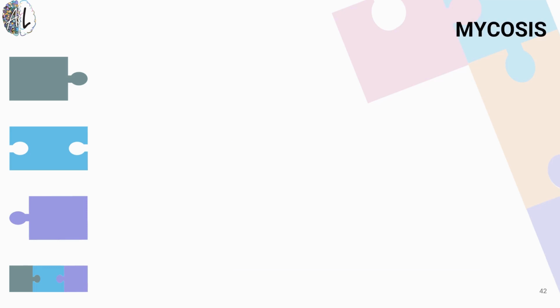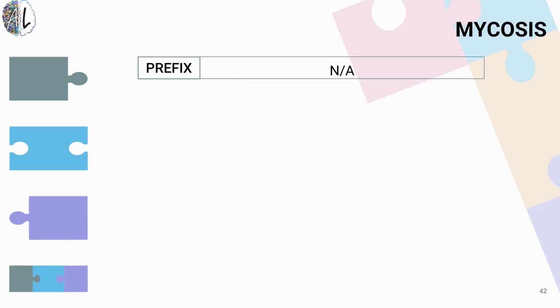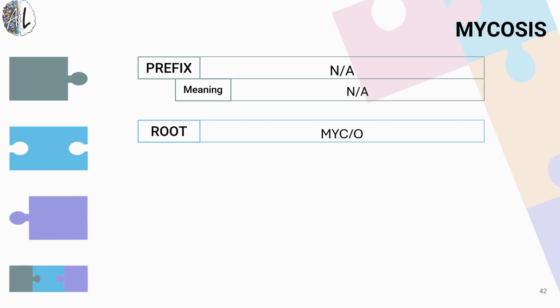Next up, let's talk about mycosis. Mycosis. Go ahead and see if you can break this down by yourself first. Hit pause, come back for the solution. Okay, so there is no prefix in the term mycosis. There is a root term, myco, M-Y-C-O.